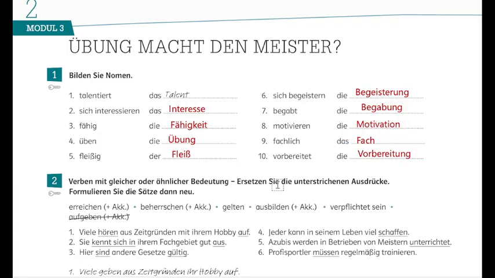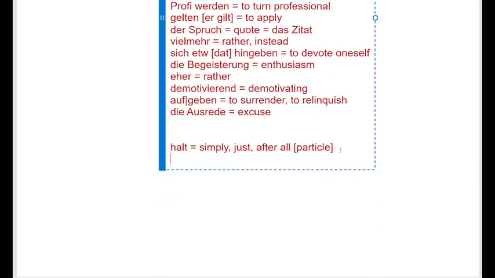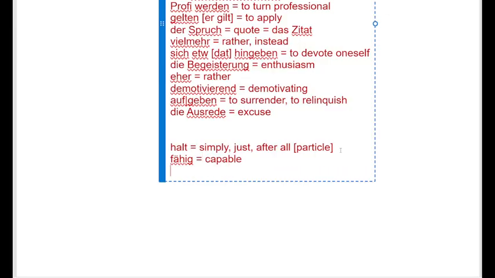Okay, let's write down the meaning of certain words here. I think those words are important. So I think the word fähig we can include in our vocabulary, which means capable. Okay, so Fähigkeit would be capability.